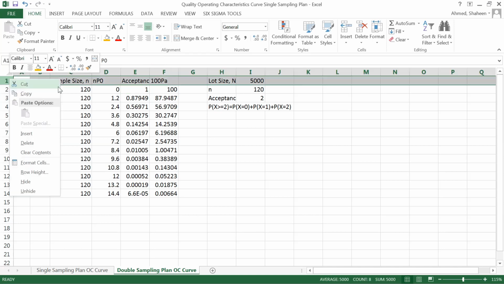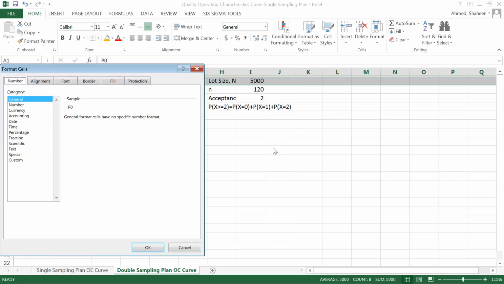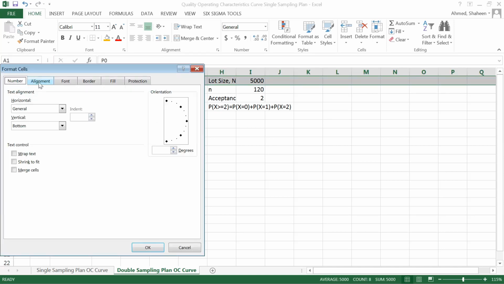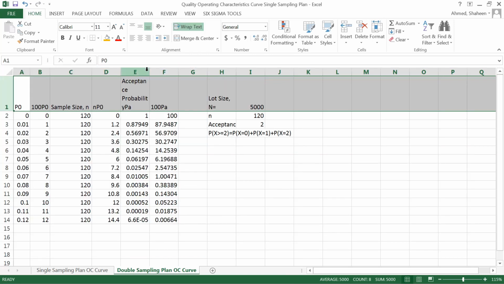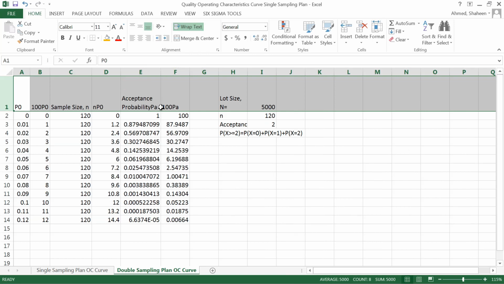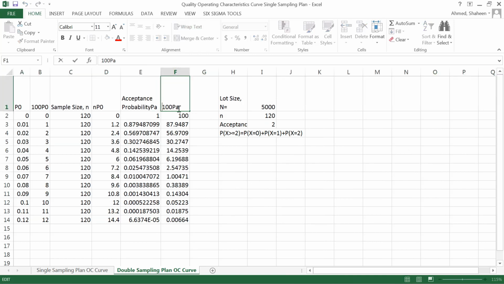Let me do a format, because I will need a whole lot of columns this time, so I'm going to wrap text. This is also the acceptance probability, however it's in percentage. So instead of probabilities, let's write accept as percentage.